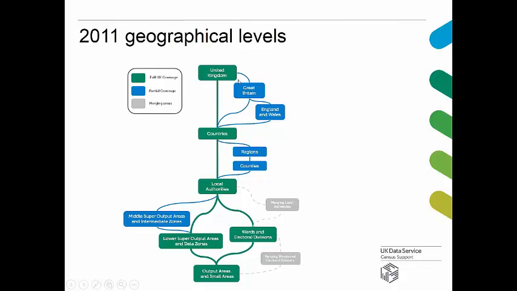Some of these are England only, the green is UK coverage, so local authorities, for example, and it goes all the way down to the smallest. The output areas are called small areas in Scotland. And these are the building blocks of the census, basically. So we have data at all these levels. There are other geographies as well.